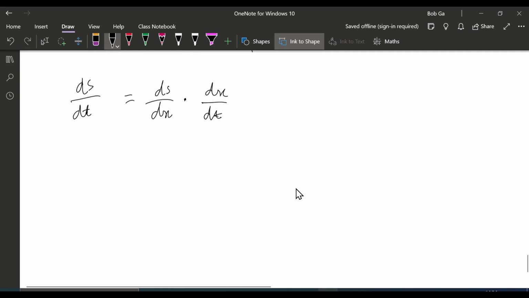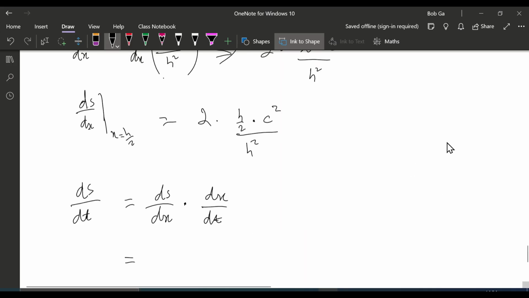Now this is going to give us ds over dx, which we already evaluated up here. So we are just substituting this one in here. We're going to have 2 dot h over 2 dot c squared all over h squared.